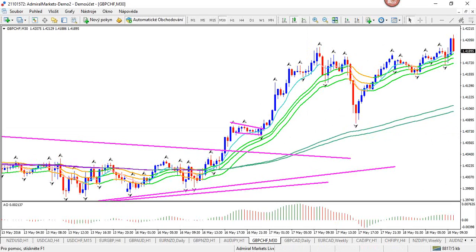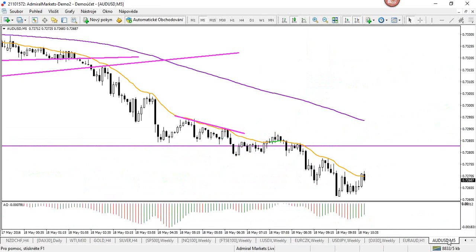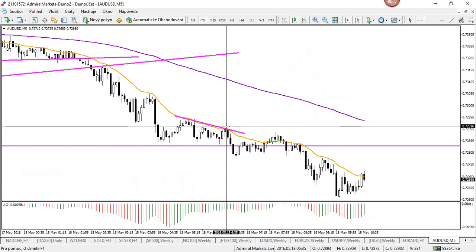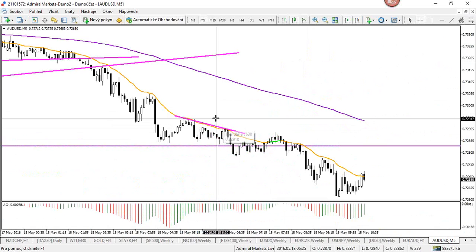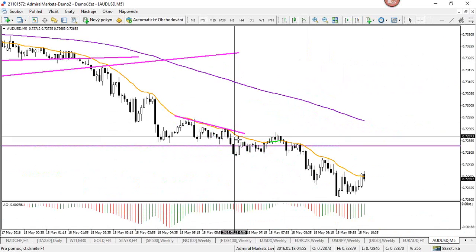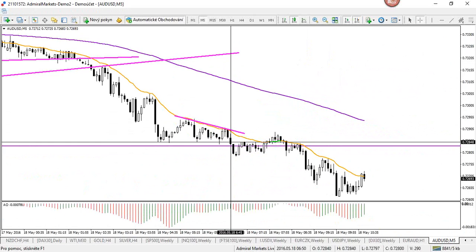So for the Aussie, an entry there with the stop loss above this point, but probably even above this one is a bit better, right? That should be fine.